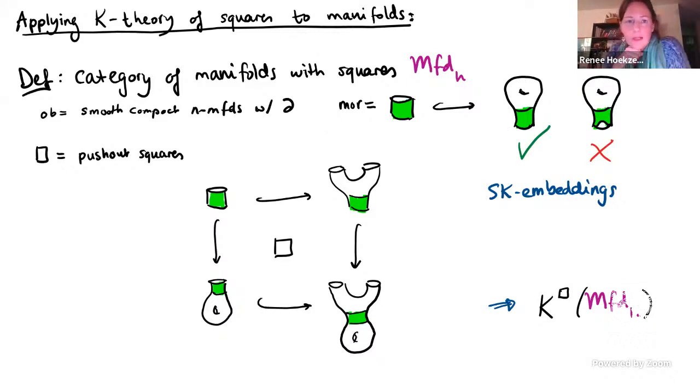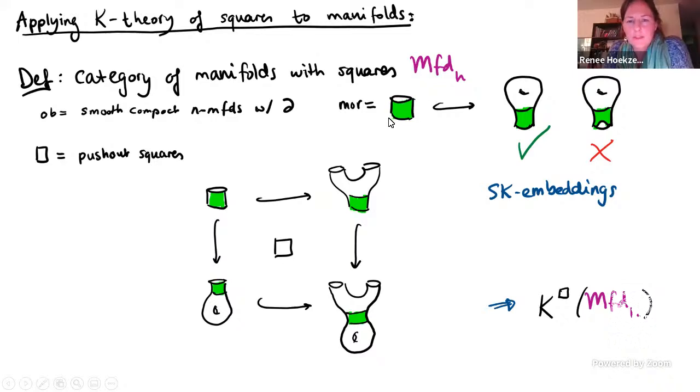Okay, so how did we apply this? We built a category of squares of manifolds. So the objects of this category are smooth, compact, n-dimensional manifolds with boundary, again oriented, etc. The morphisms are embeddings of manifolds that are nice in a way, and we call these SK embeddings.